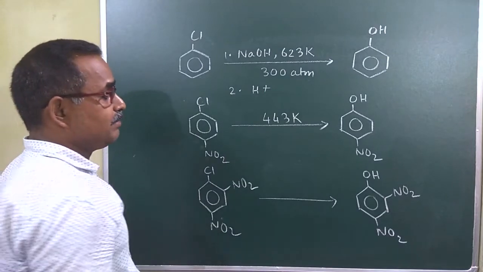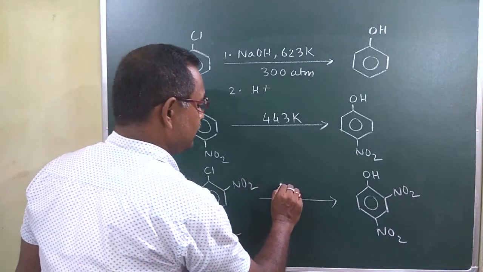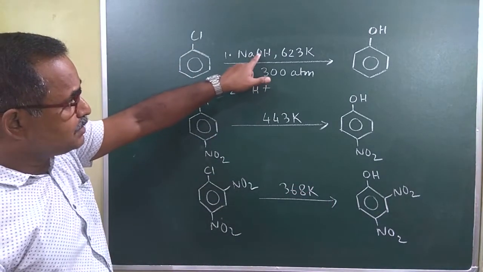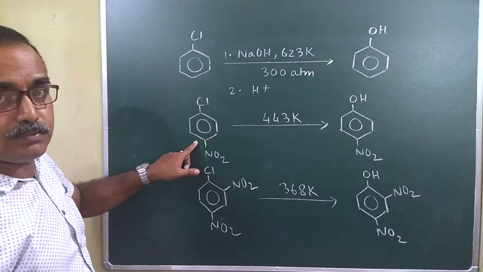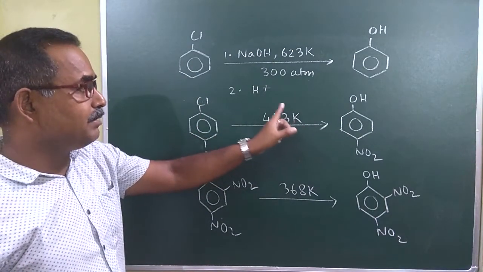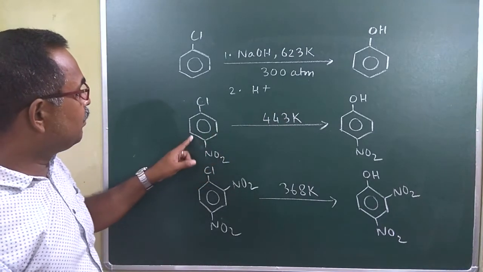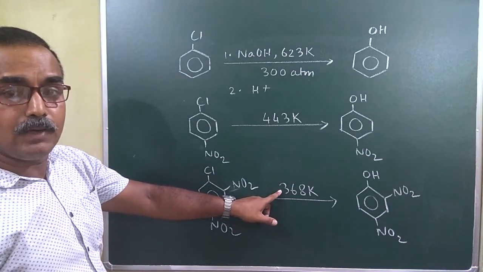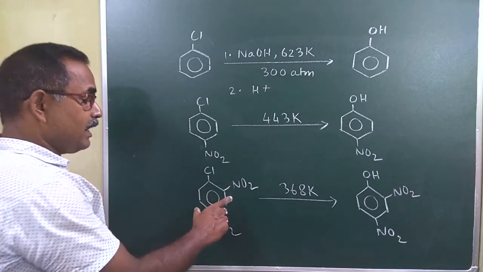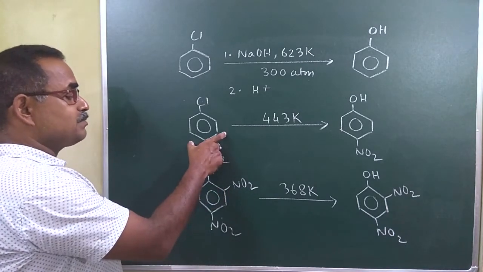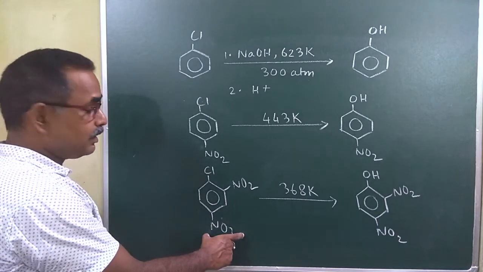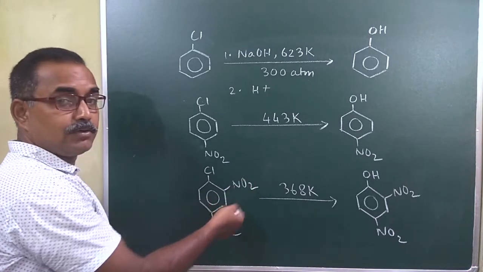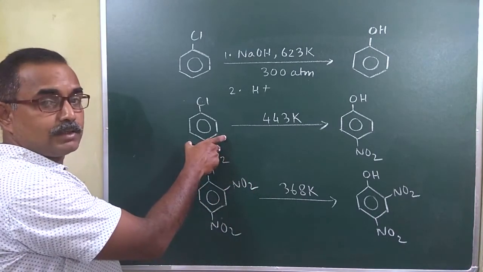Now this reaction will be performed at again lower temperature, it is 368 Kelvin. So this compound is more reactive, hence the reaction can be carried out at lower temperature. The higher reactivity of this species is because of attachment of two nitro groups. So there is stronger electron withdrawing effect in this compound compared to the previous one.